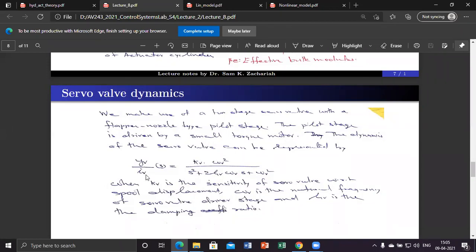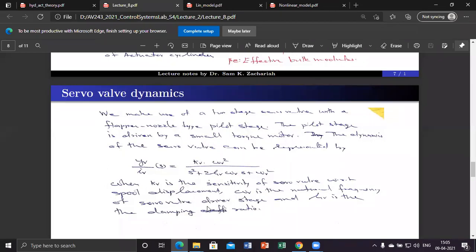In that sense, YV by IVS as a linear system transfer function can be given as KV into a second order dynamics with natural frequency omega V and damping factor theta V. And this omega V is of the order of 50 to 100 hertz, normally used to drive actuation systems of bandwidth 5 to 10 hertz, because this is a component inside the actuation loop. The actuation loop normally has a bandwidth of the order of 5 hertz or 10 hertz.